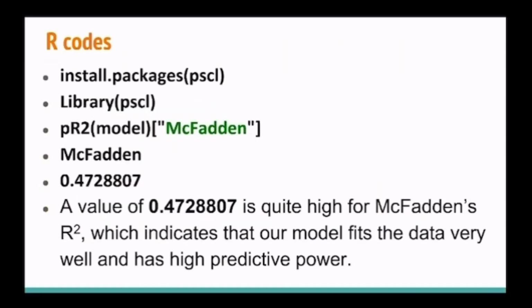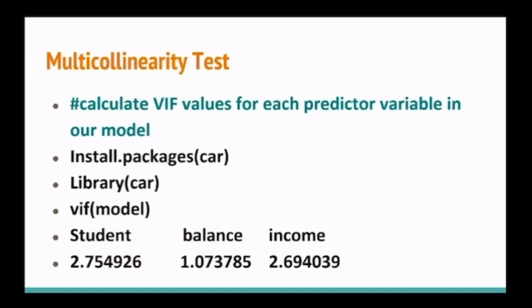The next thing I'm going to do is test one of the assumptions of logistic regression, particularly when you have more than one predictor variable: there must be an absence of multicollinearity. We also need to investigate that. Of course, as we did when working with linear regression, we look at the VIF.